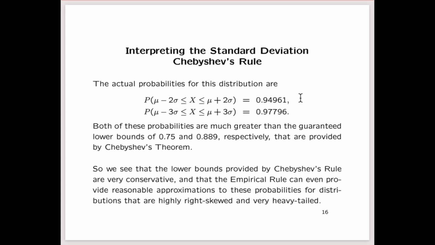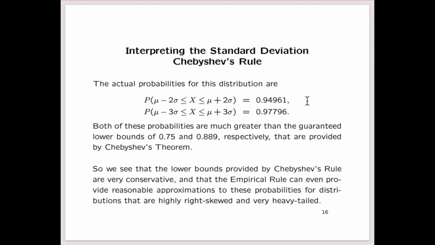This specifically applies to a bell-shaped curve, but if you go out 2 standard deviations, you're going to capture about 95% of the probability. Well, even though this is a highly right-skewed distribution, look, for all intents and purposes, that's 0.95, isn't it?